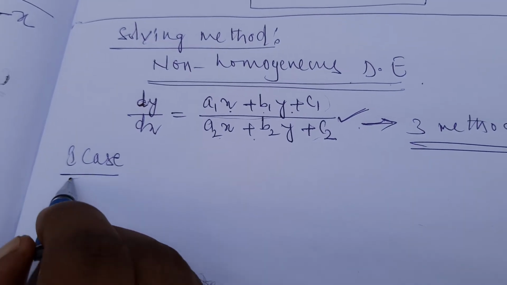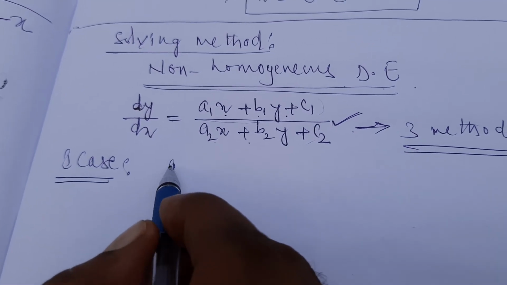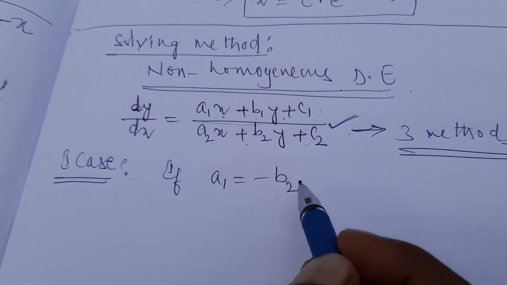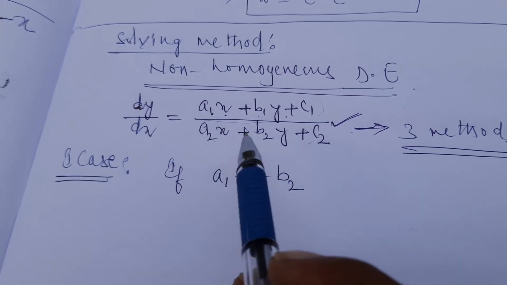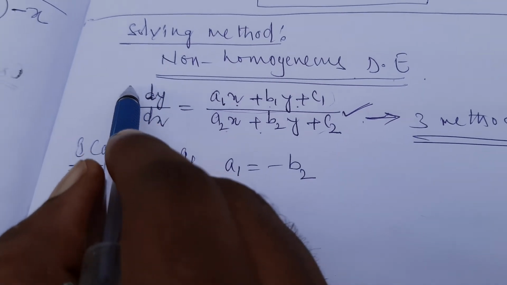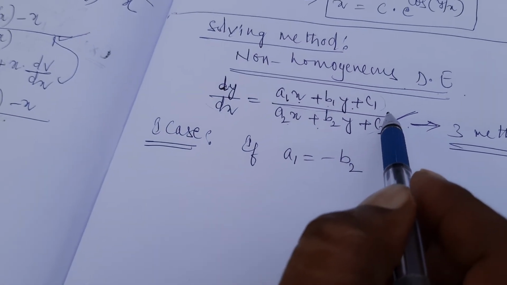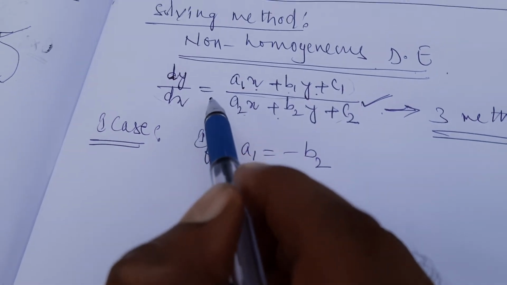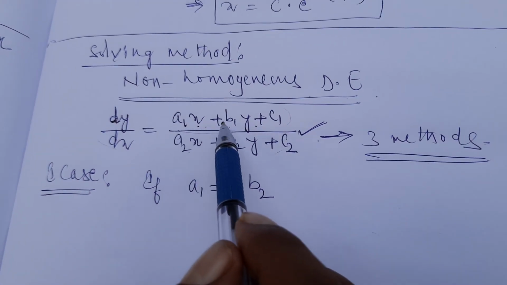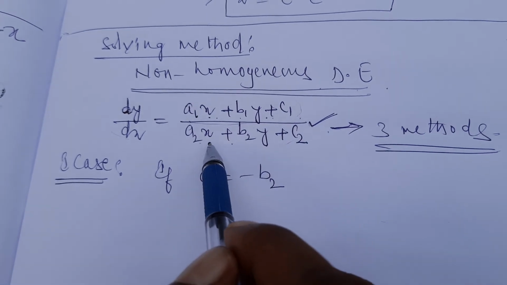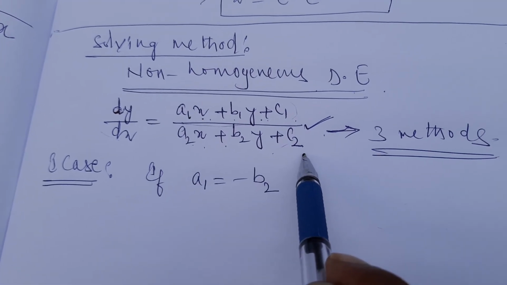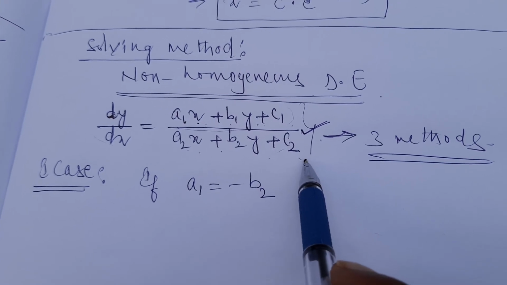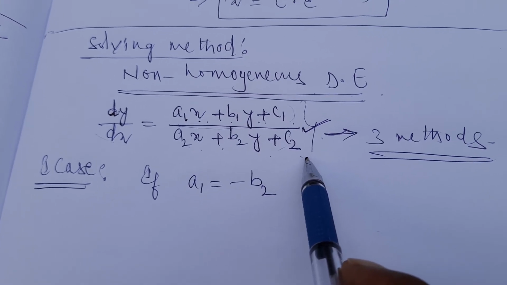For example, if a1 equals minus b2, this is the non-homogeneous differential equation. A non-homogeneous differential equation is in the form dy by dx equals (a1x plus b1y plus c1) by (a2x plus b2y plus c2). To solve it, there are different cases.